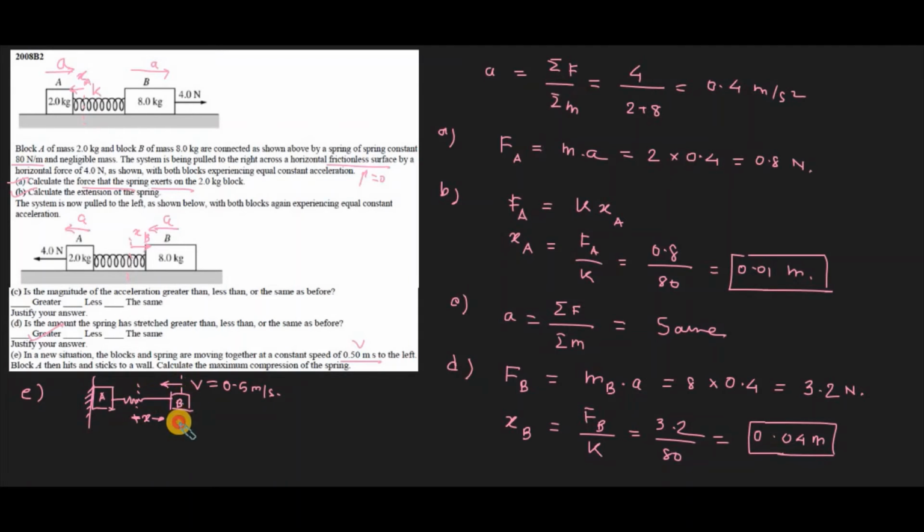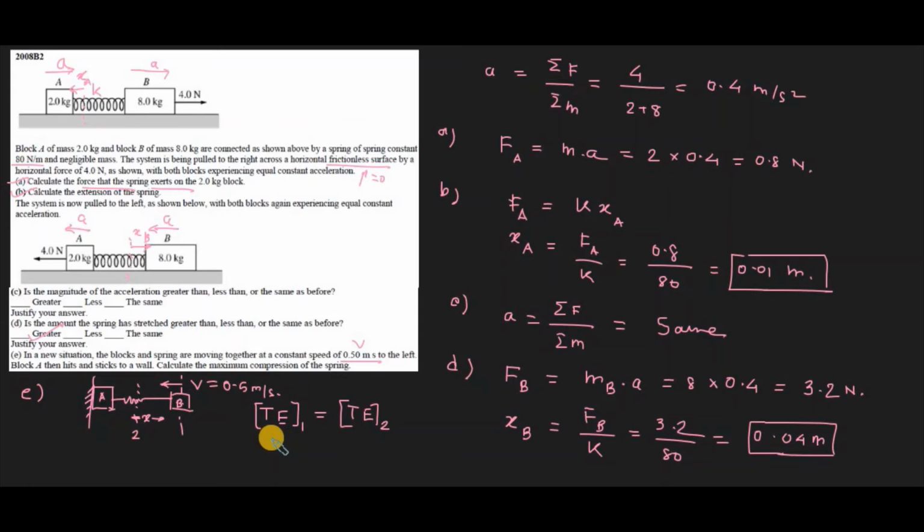Between these two positions, once the A block strikes the wall, that position of B we can consider as 1, and the maximum compressed condition we can consider as 2. Between 1 and 2, we can apply the conservation of energy. According to conservation of energy, the total energy at point 1 is equal to the total energy at point 2. The total energy consists of kinetic energy and spring potential energy.